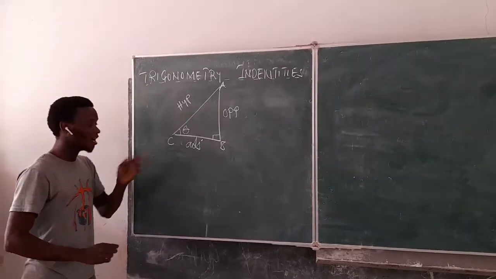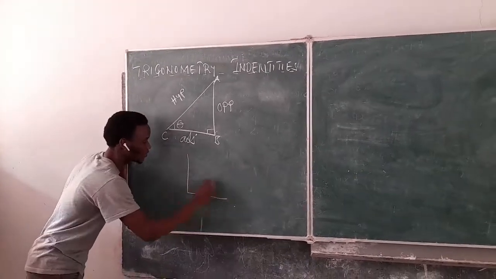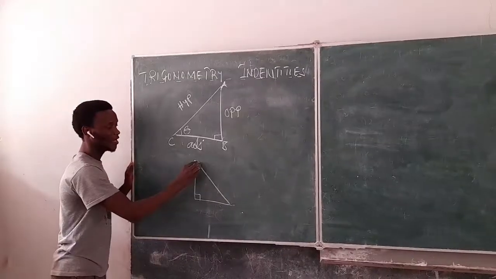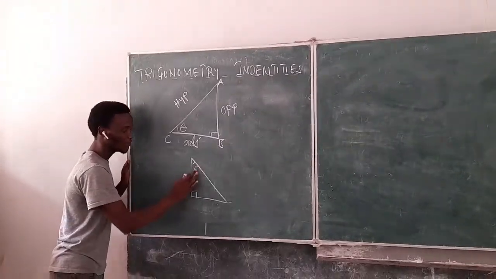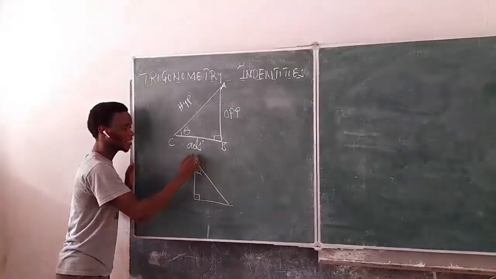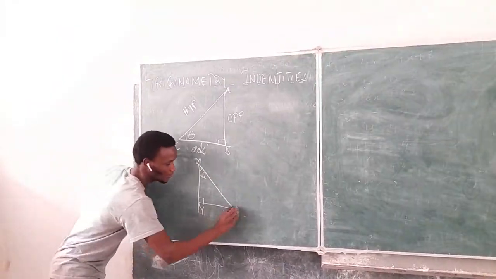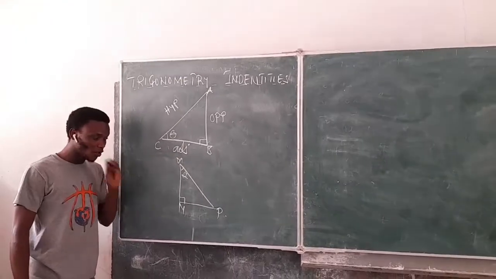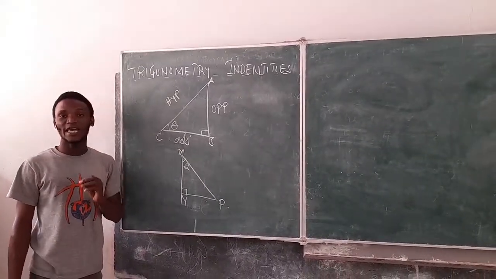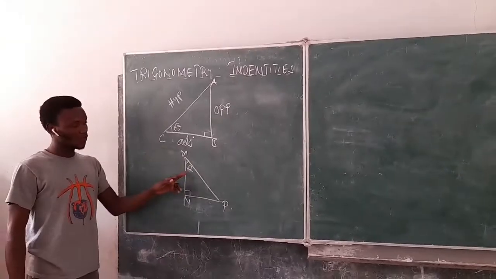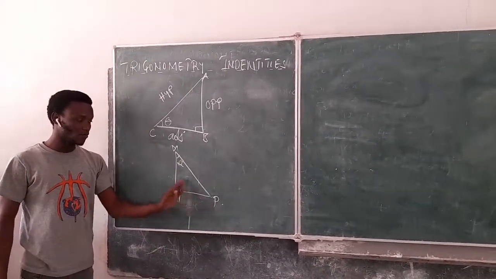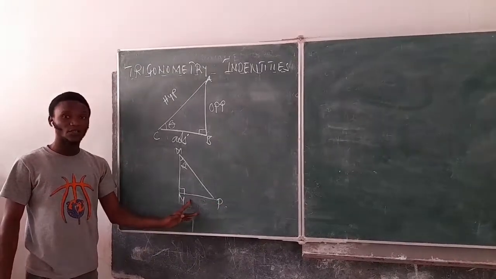What if I happen to draw another right angle triangle, and I indicate my 90 degrees here. I put this angle here as alpha, and I label the vertices M, N, and P. Remember that the opposite is determined by the direction where the angle is facing. If you observe here, this alpha is facing the direction of MP, so MP is the opposite of the angle.